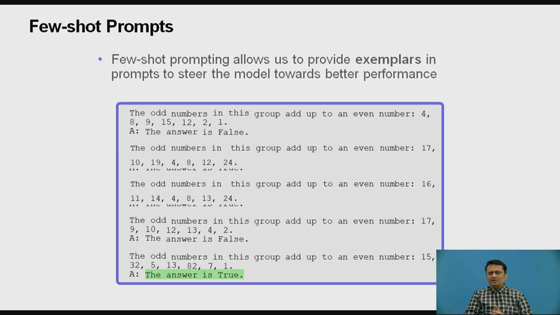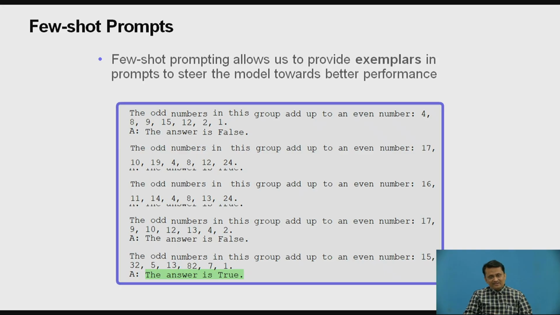Is 25 an even number? No. So I am giving the expected answer also as part of the input prompt. So here the answer should be: the answer is false. Like that another series is given, with the answer. Like that another series is given, with the answer.